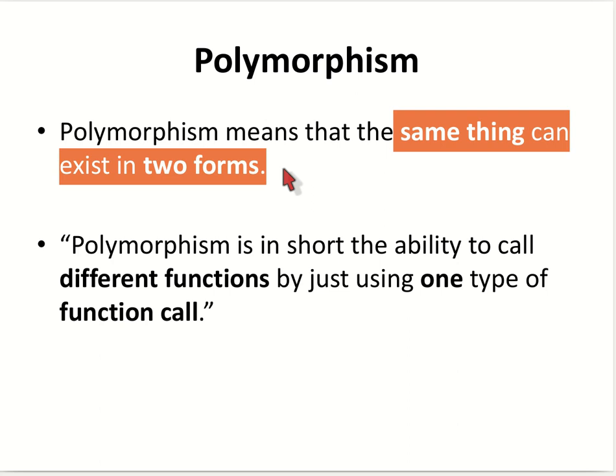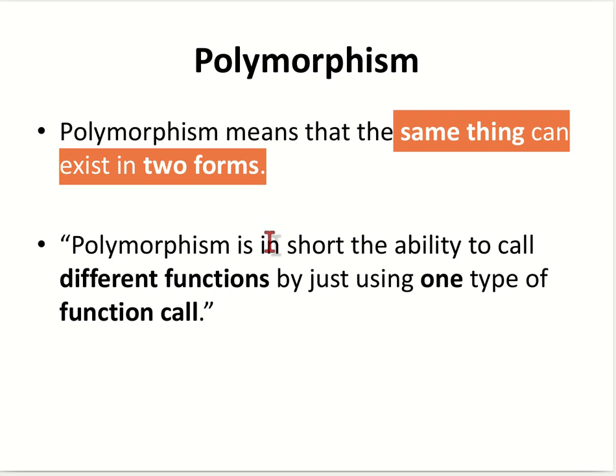The same fish can have two different forms. Or you can see the Greek gods can exist in both forms, one in Greek form and one in Roman form. So the same god can exist in two different forms.